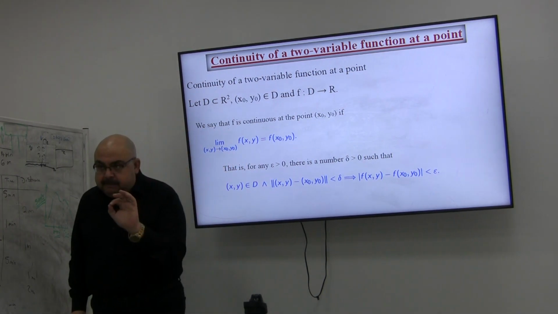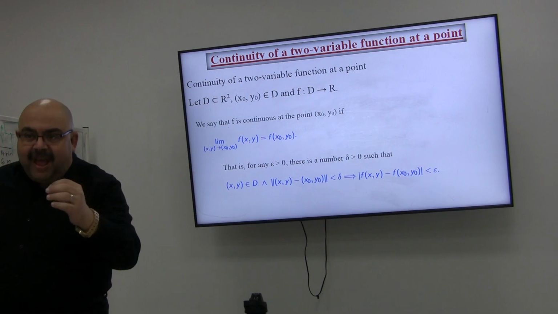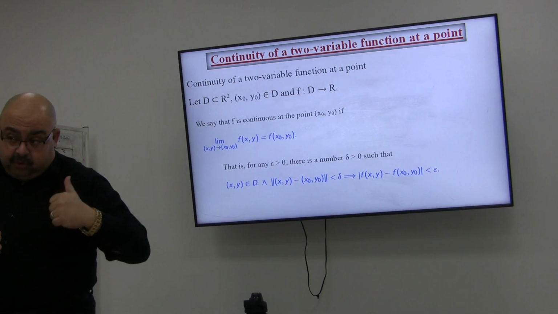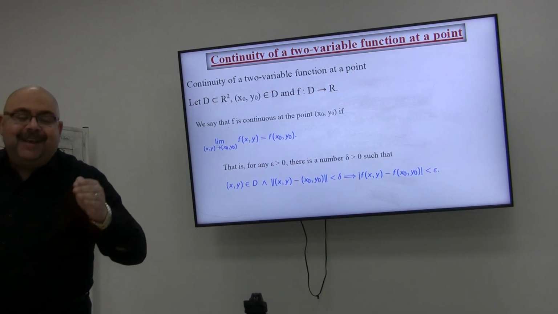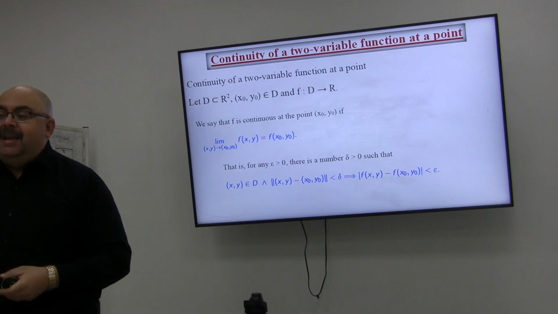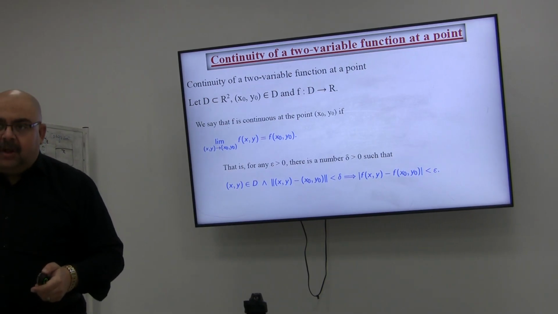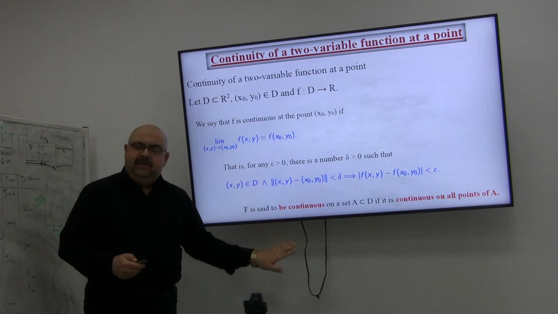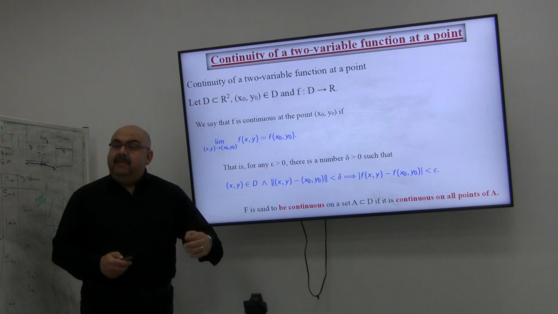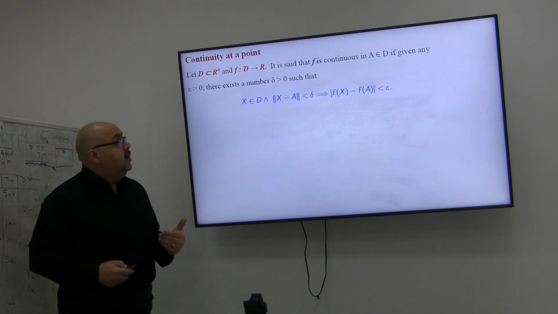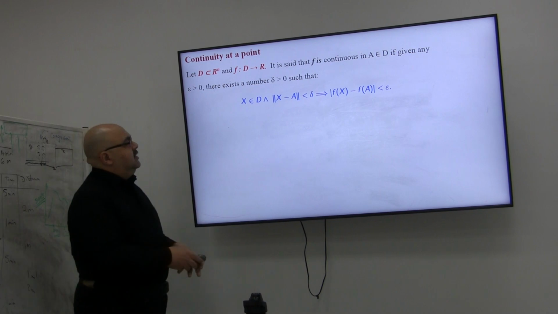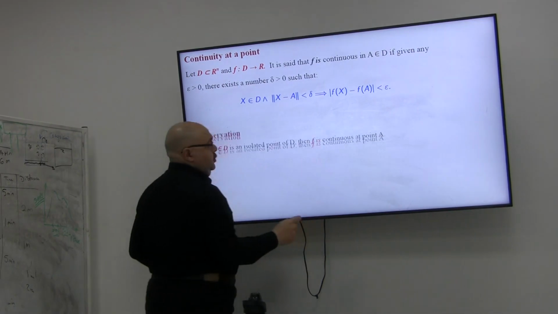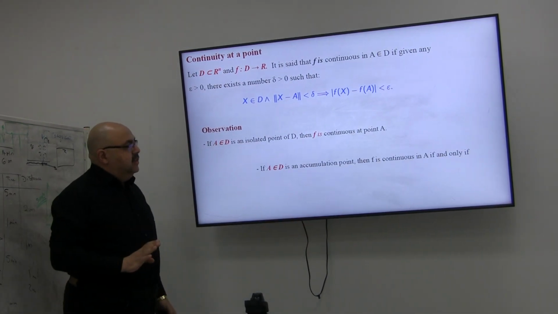So the difference between continuity and the limit is that in the limit, f(x,y) minus L should exist, but in continuity, f(x,y) minus f(x0, y0), meaning the value of the limit equals the value of the function at this point. Similar steps will be followed exactly as when dealing with limits, as we saw previously. This is to prove that |f(x) minus f(a)| is less than epsilon. So it exists and everything is okay.